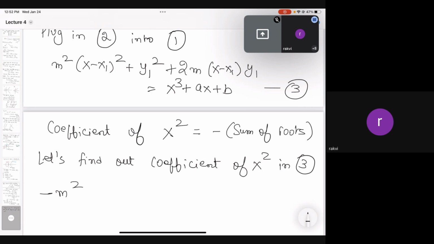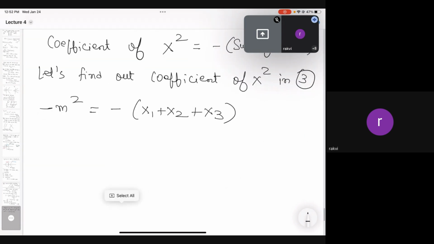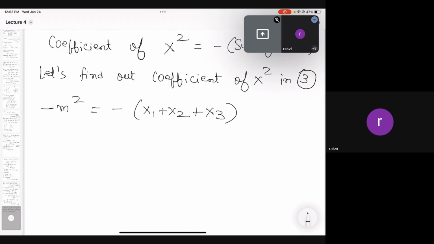So this coefficient is equal to negative of sum of roots. So the roots are x1, x2, and let me call the third root x3. So that tells me that x3 is simply m square minus x1 minus x2.